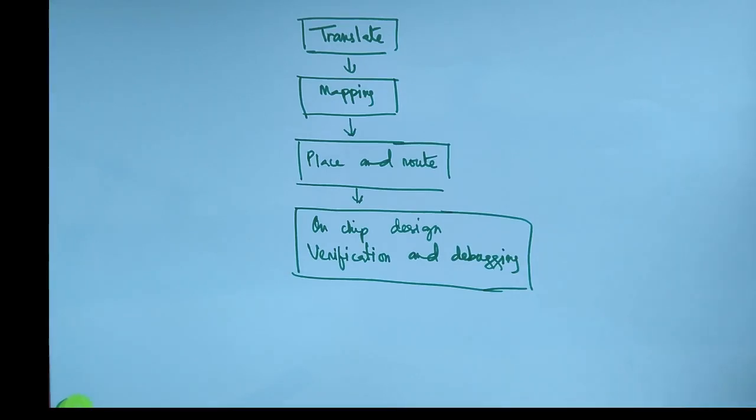After this, we are going to convert the code into binary format. Once you have the binary format code, we can burn it into the FPGA. So this is the design flow in an FPGA.